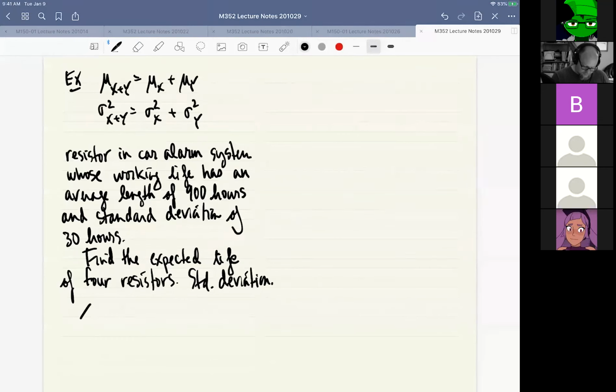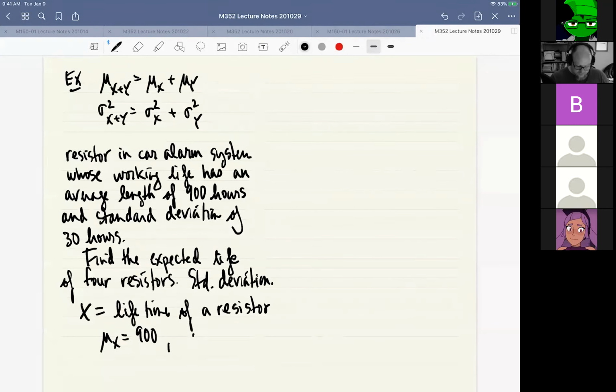So if X is the random variable representing the lifetime or the length of the life of a resistor, then the mean of X is 900 and the standard deviation of X is 30. We want to know what's the mean of 4 resistors, if we add those up together, and what's the standard deviation of 4 resistors?